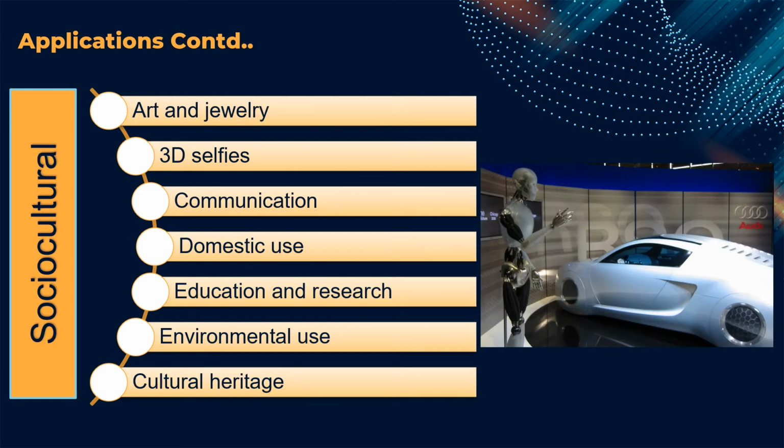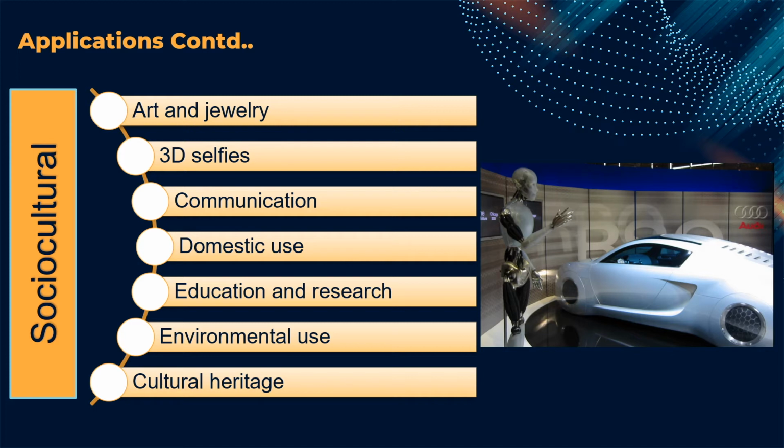Then there are applications of 3D printing which have a socio-cultural significance, such as art and jewelry or taking 3D selfies. Communication is another key area which is making use of additive manufacturing. There are domestic uses of 3D printing as well, where people are using 3D printers in their households to make ornamental objects or gears.